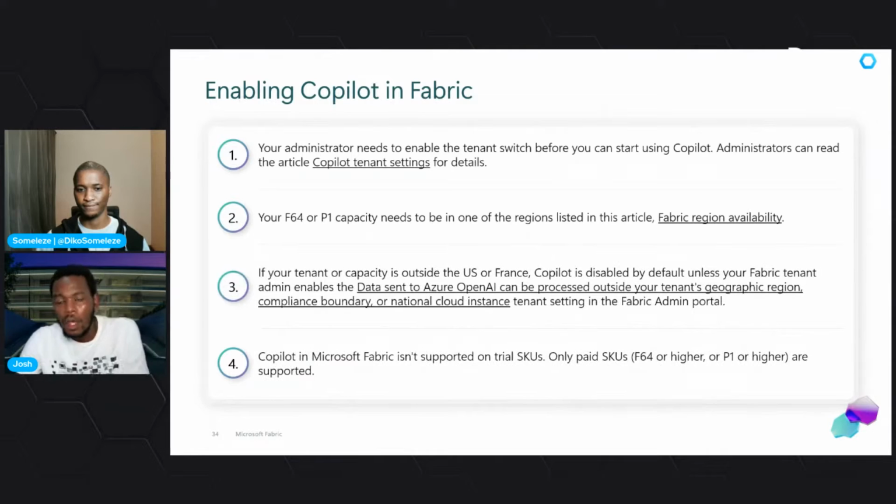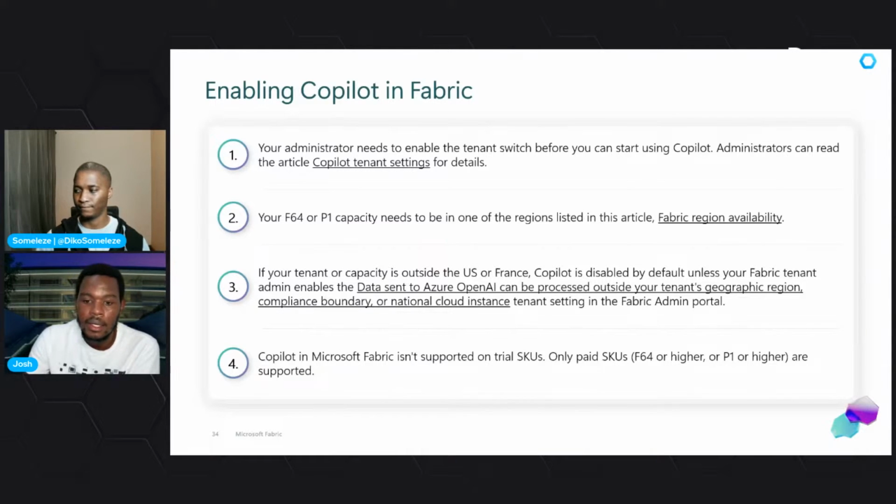So there are a few steps when you need to enable Copilot. It's not available out of the box, so your administrator must enable the tenant switch before you begin using Copilot in your organization. And this is also well documented in the documentation. And as mentioned earlier, you need an F64 capacity or a P1 capacity, and this as well needs to be in one of the supported regions. It's important to note that by default, Copilot is disabled.